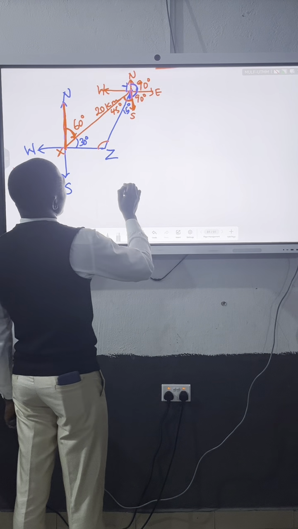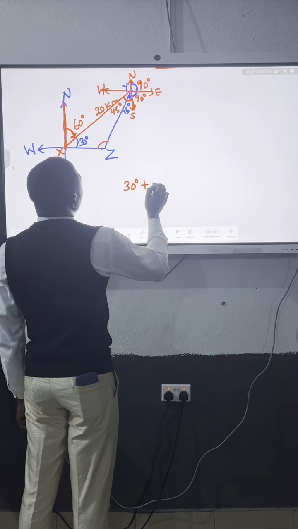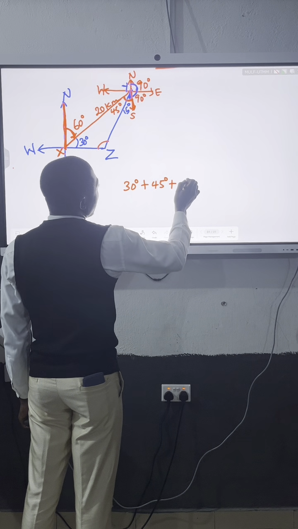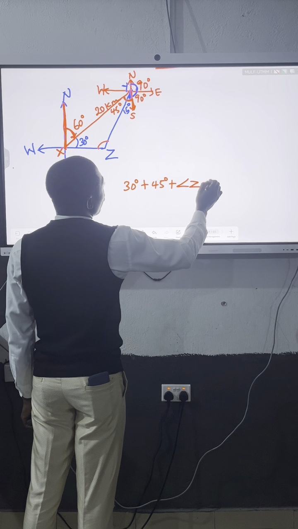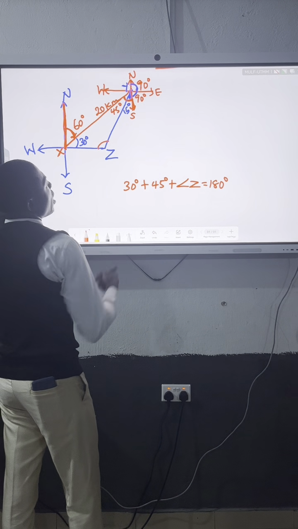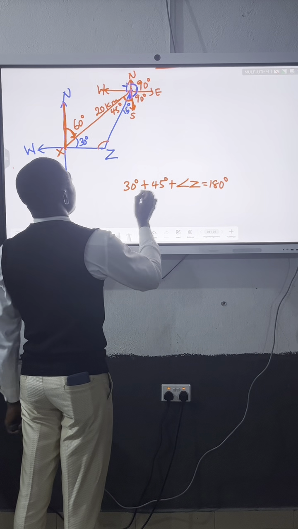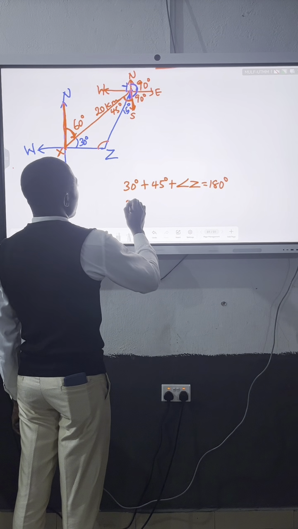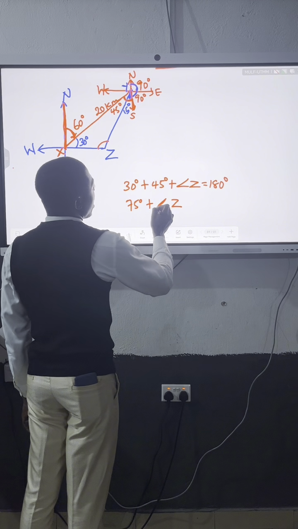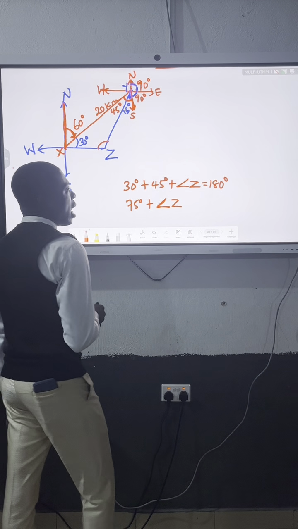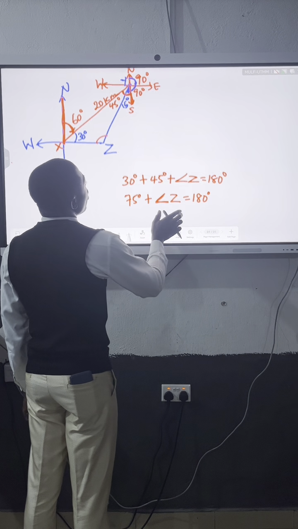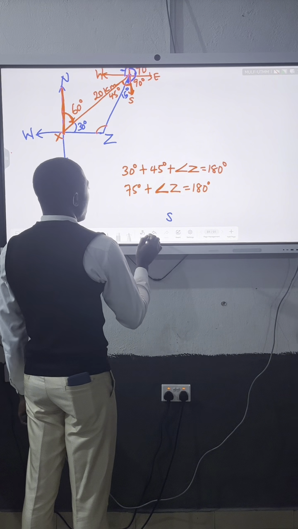We can say 30 degrees plus 45 degrees plus angle Z equals 180 degrees. If you add this and this together, you get 75. Yes, 30 plus 45 gives 75, plus angle Z, equals 180 degrees. So just move 75 to the other side and see how it goes.